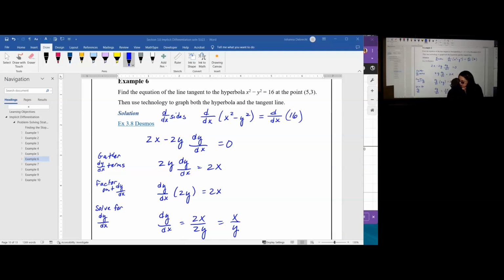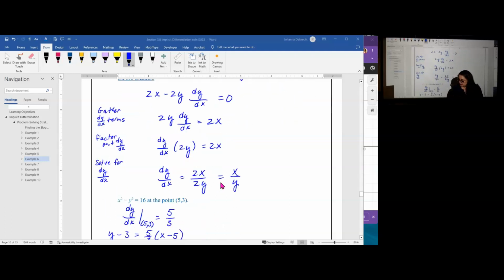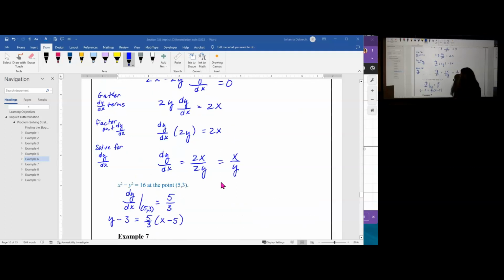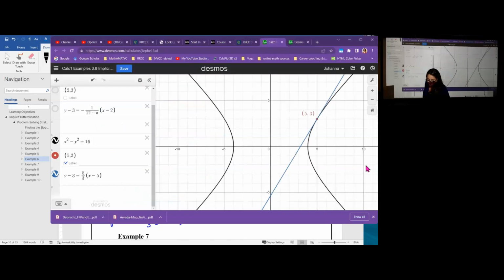The next thing that I want to do is evaluate this at the ordered pair (5, 3). When I substitute that in, I get the value of 5/3. So I'm able to write the equation of the tangent line, y minus 3 equals 5/3 times the quantity x minus 5. Let's take a look at the graph so that you can verify that it meets your conclusion.